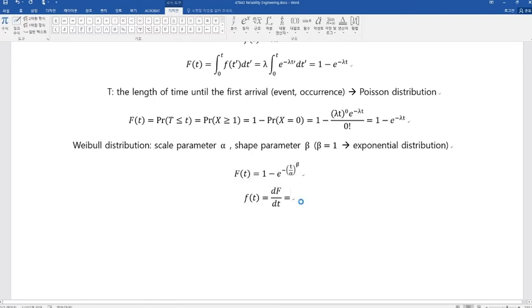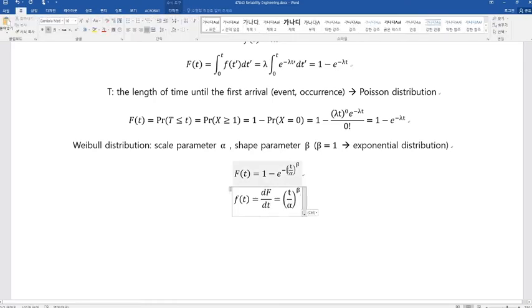So we are going to have first this exponential function, and then we need to take the derivative of the exponent.